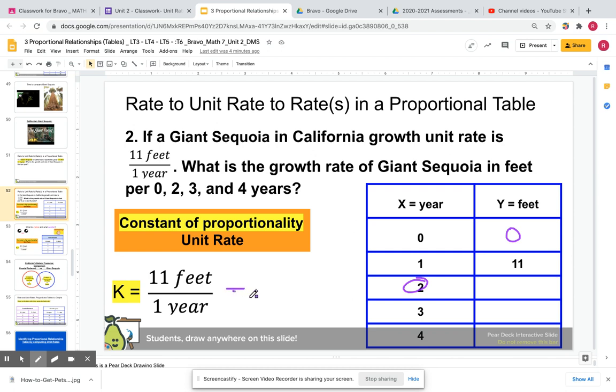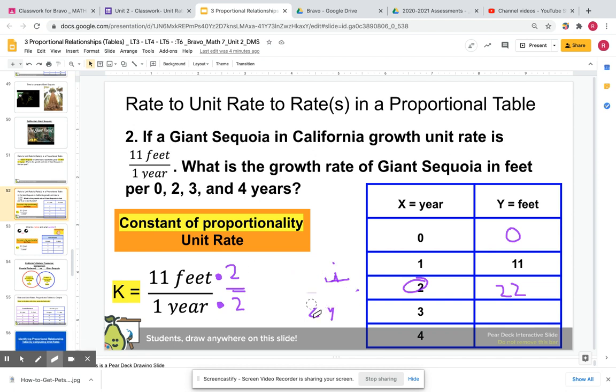Well, it's basically changing this constant of proportionality to a rate, and we do that by multiplying. We're gonna multiply by the number we are interested in, and that's 2 years. So we will get information of that, and we find out it's 22 feet for 2 years. And I'm just gonna write the number 22 in there because y is the top. Okay, great.